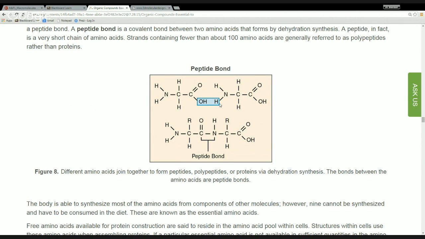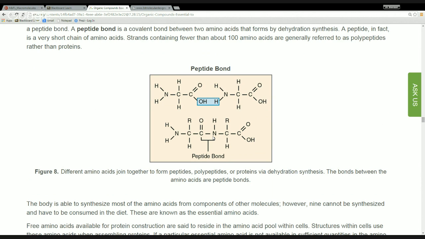What's important is that a water molecule's worth of atoms here get removed, and so the carbon from the carboxyl group in one amino acid gets bonded directly to the nitrogen in the amino group of another one. And that connection, carbon to nitrogen, is called a peptide bond.